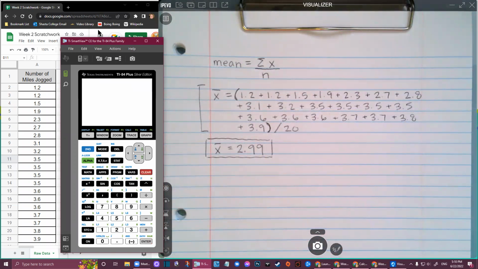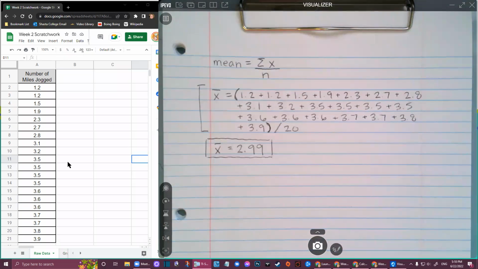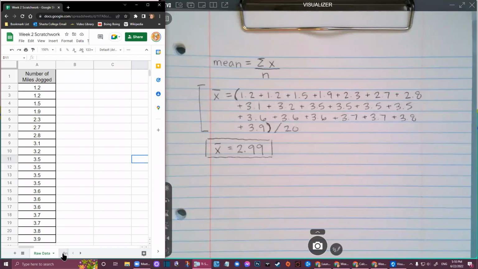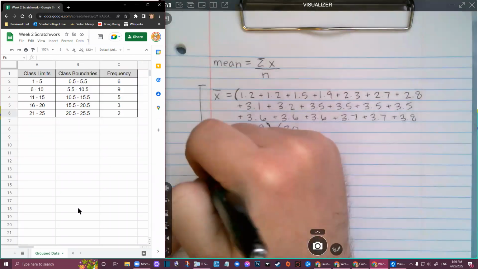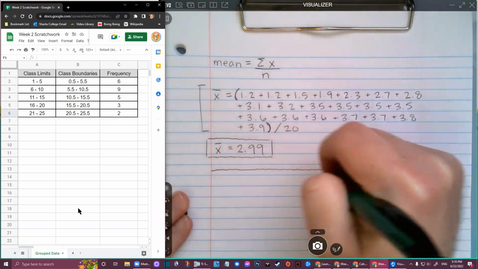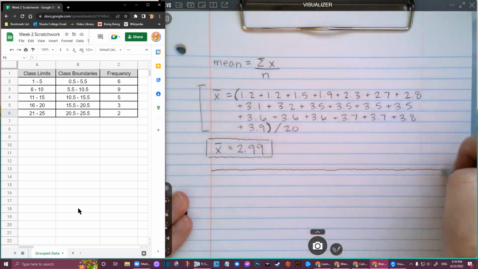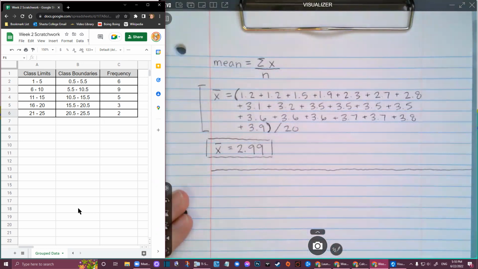All right, so now that we know how to handle raw data, let's look at an example with grouped data. I have a set of data that's already been put into a grouped frequency distribution for us. The class limits are 1 through 5, 6 through 10, 11 through 15, 16 through 20, and 21 through 25. And I see the frequencies.